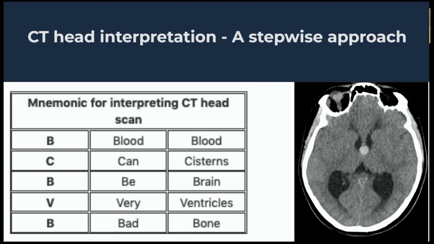If there's somewhere you're expecting it to be darker and you're seeing it lighter, then maybe suspect dense blood. Look at the cisterns, look at the brain itself, so the tissue. Look at the ventricles, so the lateral, third, and fourth ventricles that we looked at on the slide before, and then look at the bones. Can you see any breaks anywhere? Maybe any thinning.